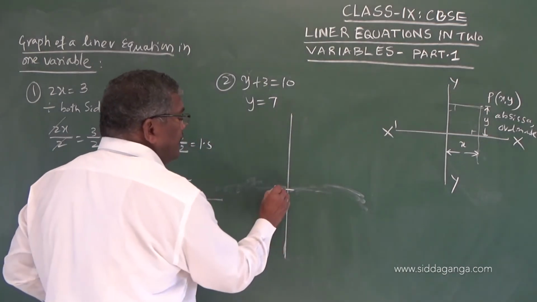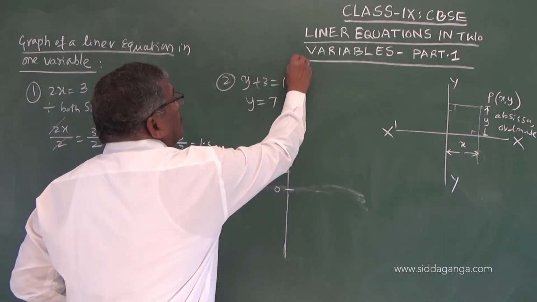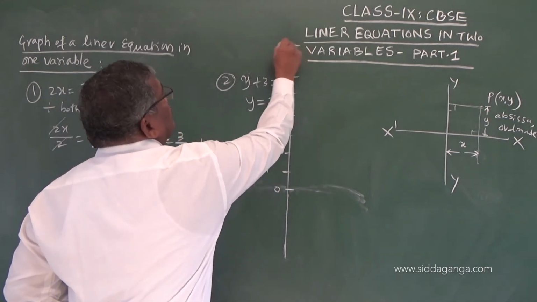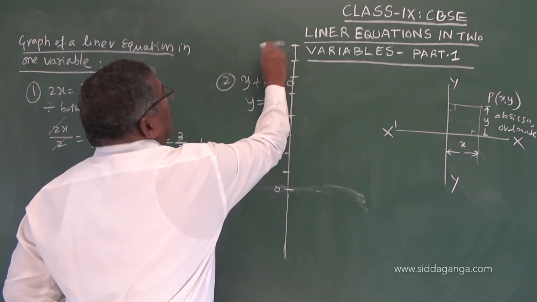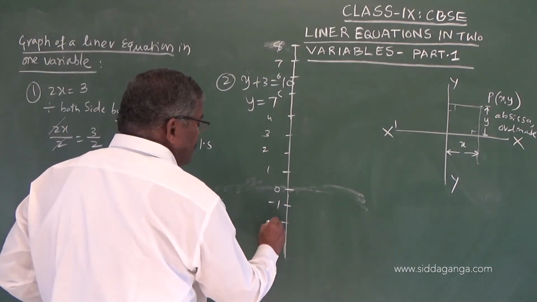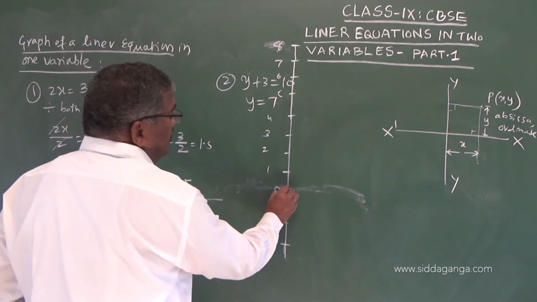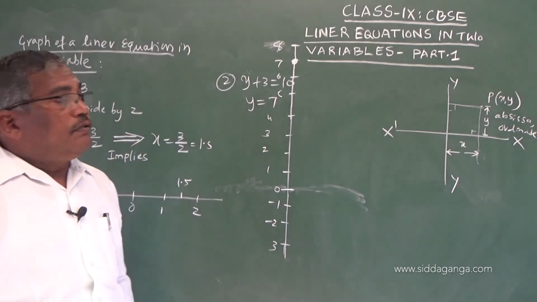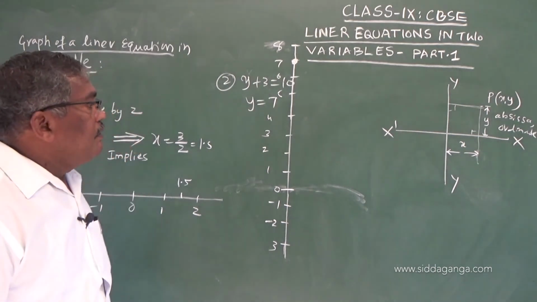The vertical number line will take 0, 1, 2, 3, 4, 5, 6, 7, let us say. This is 7. This is 8. So now, down below, minus 1, minus 2, minus 3. So that means y is equal to 7 means this is 0, and above, this is y is equal to 7. So we represent it like this when a single variable is there.